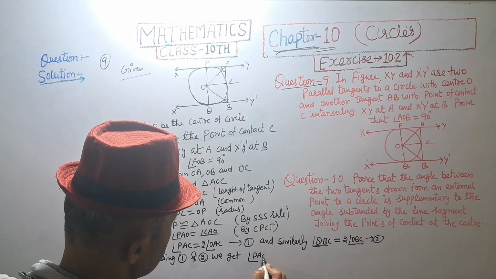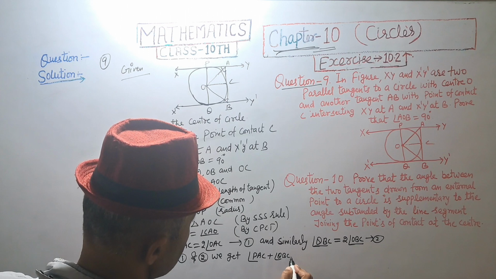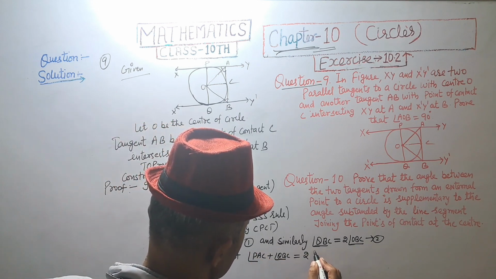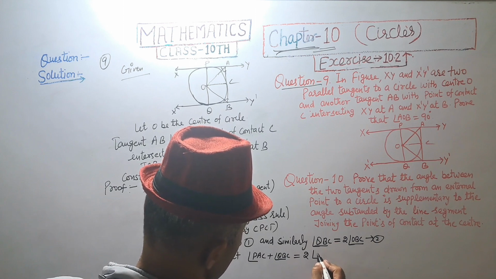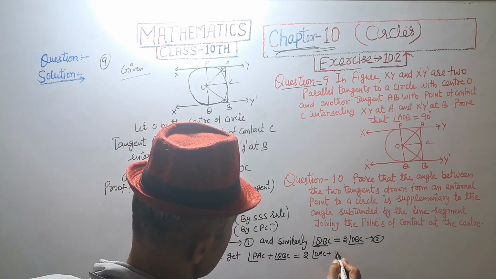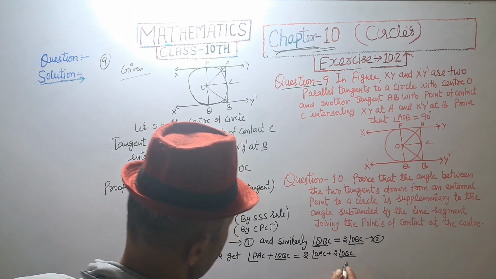Adding the first and second equations, we get angle PAC plus angle QBC is equal to 2 times angle OAC plus 2 times angle OBC.